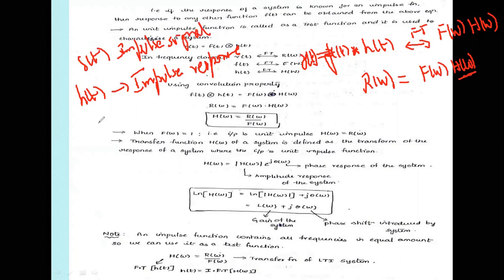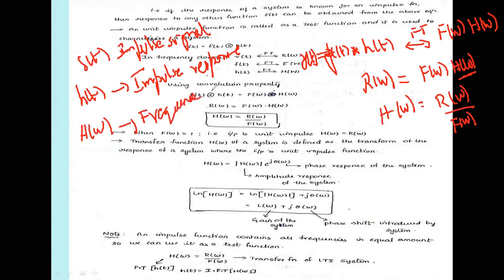Now we got the frequency response. H of omega is equal to r of omega, the output, by f of omega, the input, which is the transfer function, also called the frequency response.